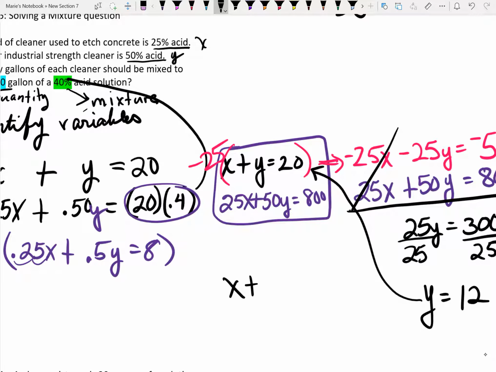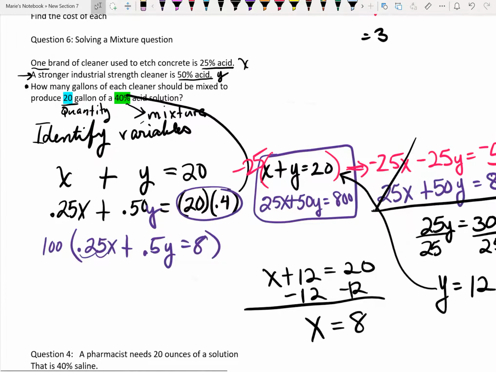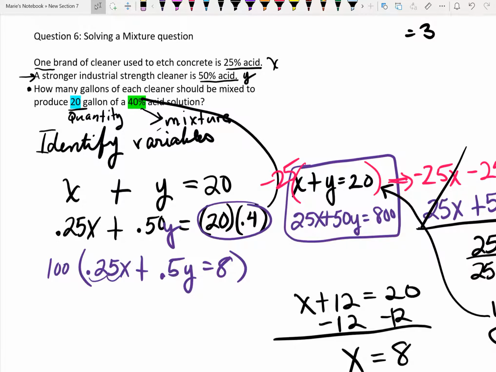If I have x plus 12 is equal to 20, I'm going to subtract 12 on both sides. So I get x is equal to 8. So I would need 8 gallons of the 25% solution and 12 gallons of the 50% solution to create 20 gallons of the 40% solution.